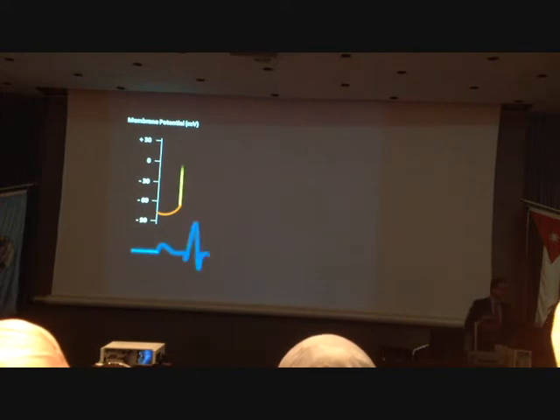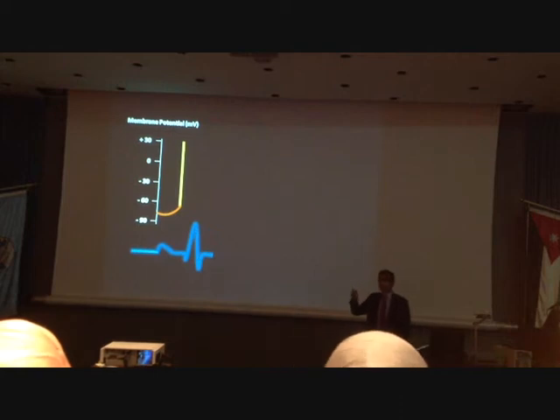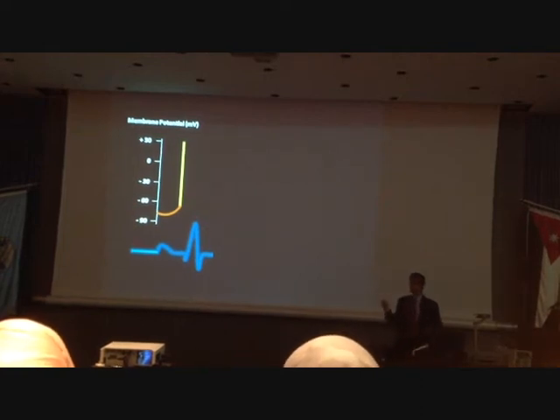Now what happens next is that the cell gets into phase 0, right? This rapid upstroke and rapid depolarization is due to the activity of the fast sodium channel. And this is represented in the ECG strip by the QRS complex.